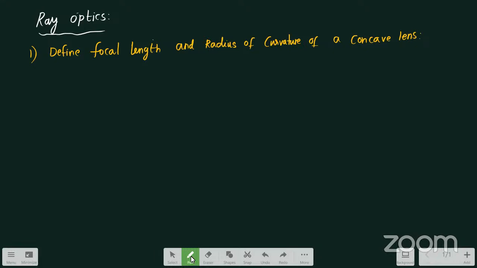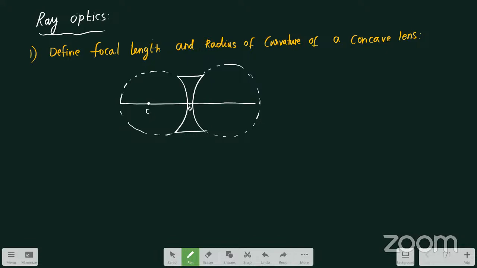So I hope you know the concave lens is something like this. This is the symbolic representation of a concave lens. This point is called the optical center, and from this point we'll be having the center of curvature, and we know that in between the center of curvature and optical center there will be what?